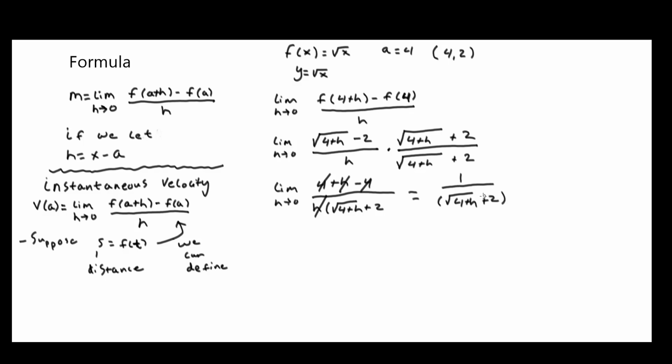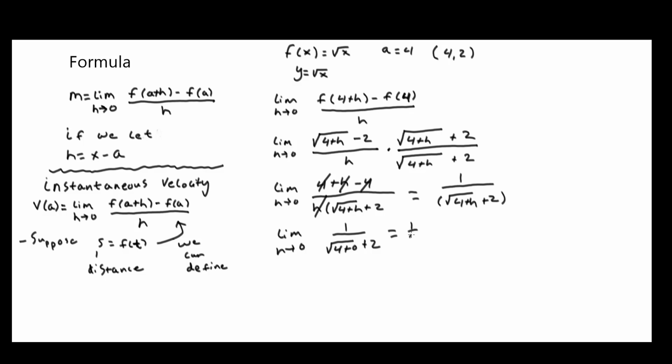So as you can take a look here, you can see that we can plug in this limit now, and we'll end up getting a real value. So let's just go ahead and do that. That ends up giving, let's see, 1 over 4 plus 0 plus 2.